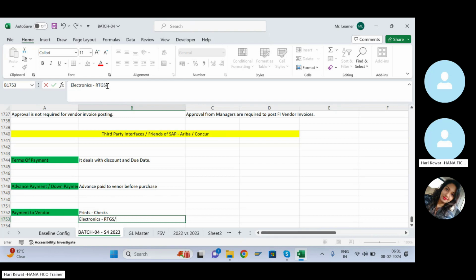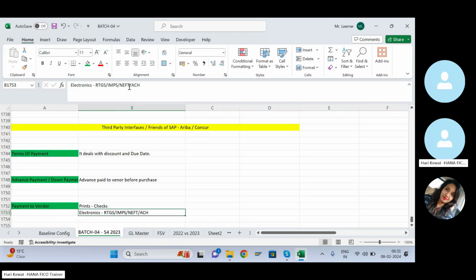In our scenario you can do IMPS transfer. Electronic means transfer. You can do NEFT, you can do ACH. All these are known as electronic forms of payment to the vendor.